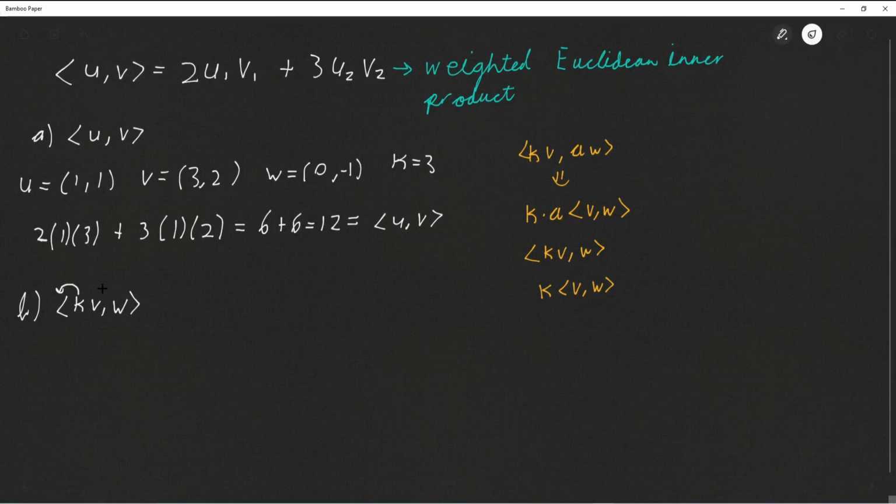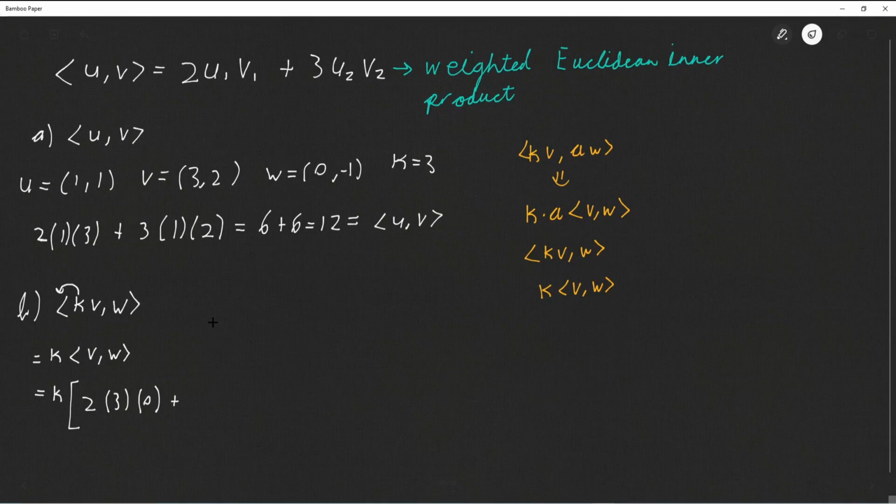So for this question, what we're able to change this to is k multiplied by the inner product of v and w, which will be k multiplied by, now we have to use our weighted Euclidean inner product. So it's going to be 2 multiplied by the first term of v this time, which is 3, and then our first term of w, which is 0.